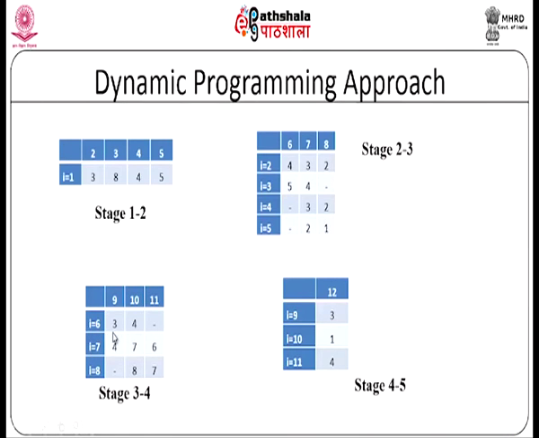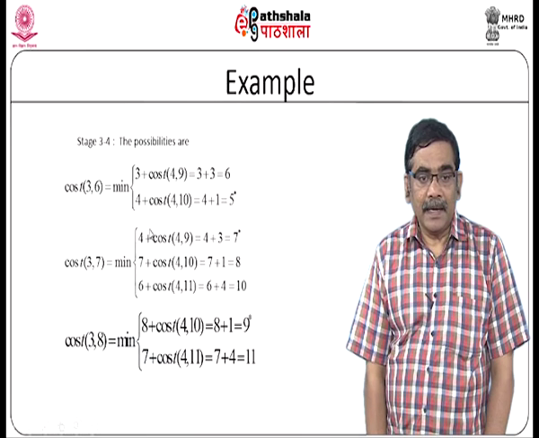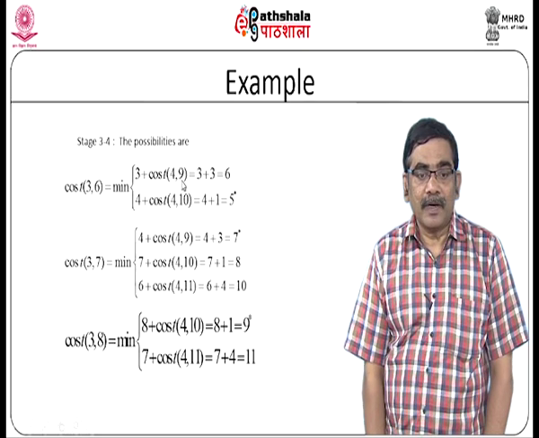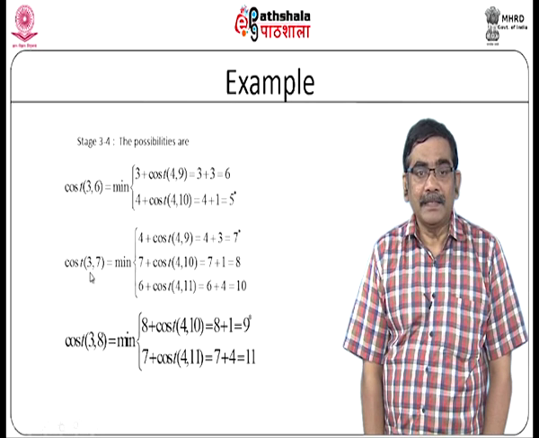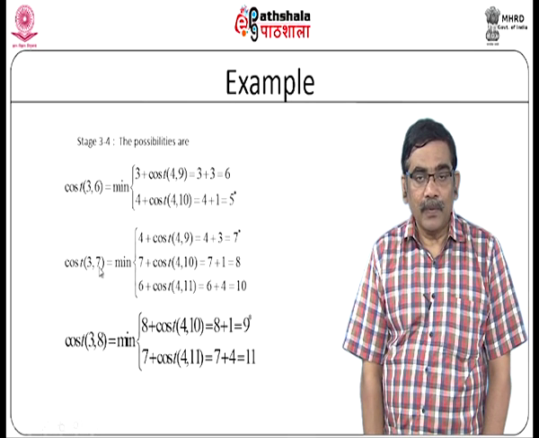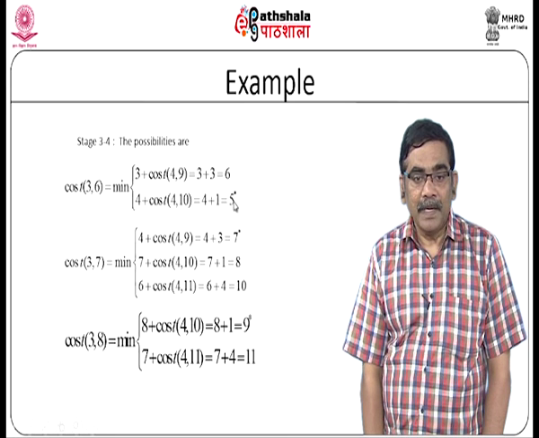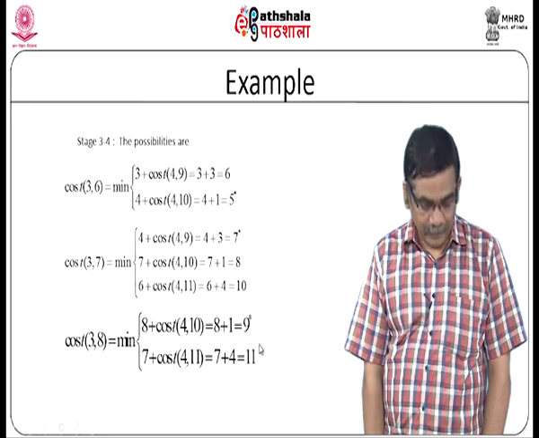That is 3, plus the cost of reaching your destination from node 9. Similarly, I can find via node 7 and node 8. Now I can compute all the things, and you can see you have the minimums of everything.